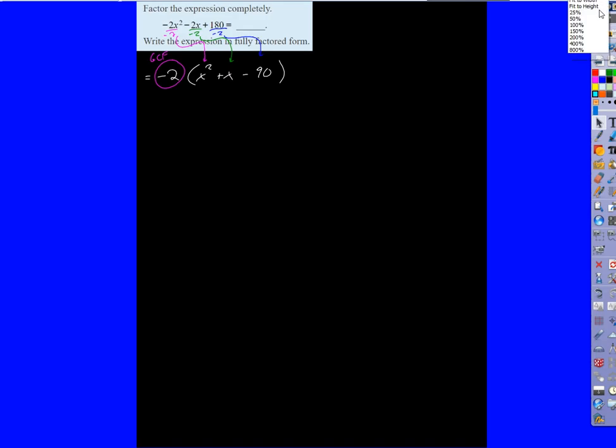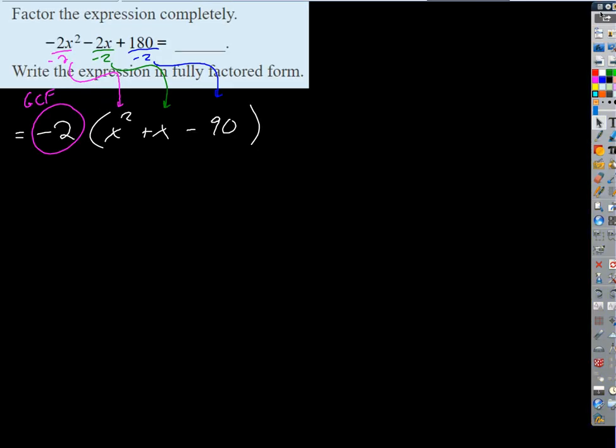What's next? Now, what did we do in Unit 2 when we had a trinomial like this where A is equal to 1 inside the parentheses? We're trying to factor that. It's been a little while, but what do we do? We're trying to break it apart into factors, right? Yeah, okay, good.